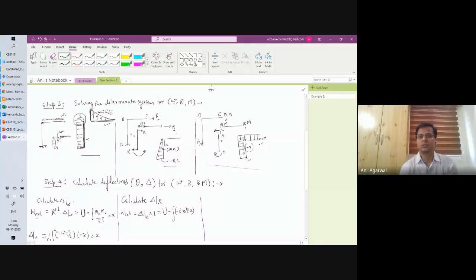Because virtual load is unit. dx divided by EI from 0 to L. So delta because of R will be equal to, minus and minus will cancel out. You got R outside, X squared, so X cube by 3. Since it is 0 to L, I can call it L cube by 3 EI. Okay, R L cube by 3 EI. Fine.